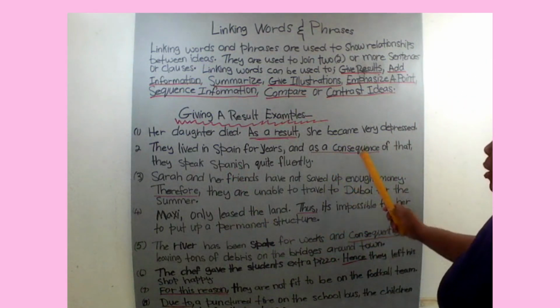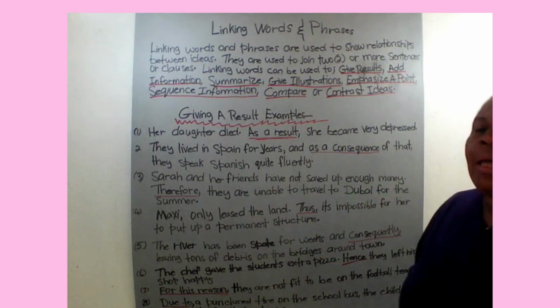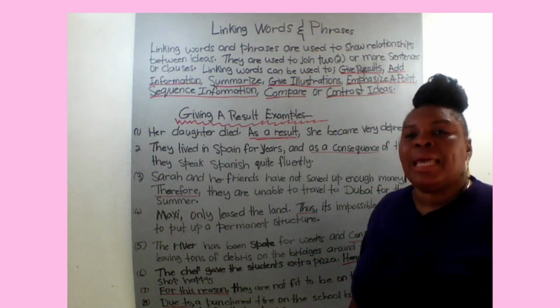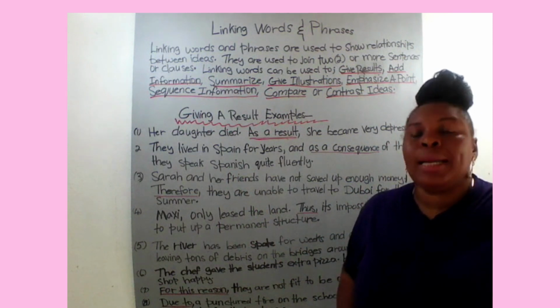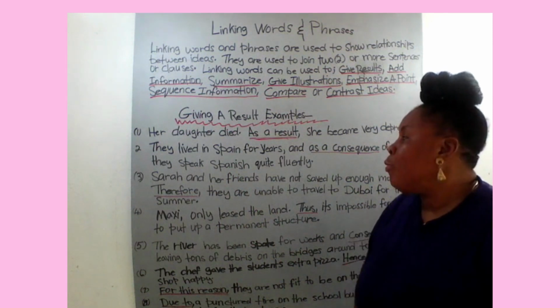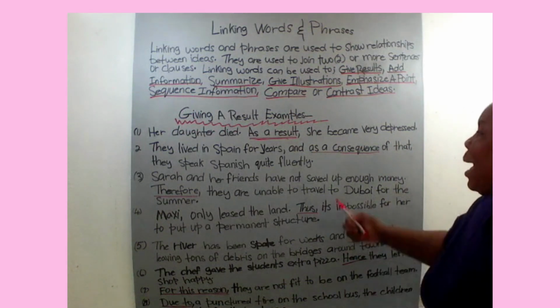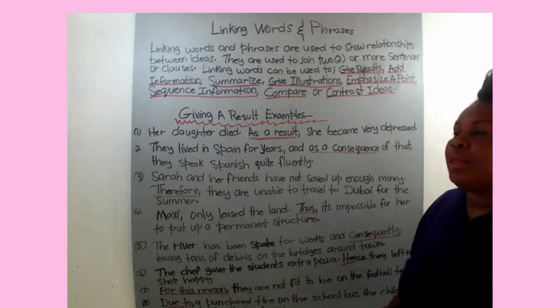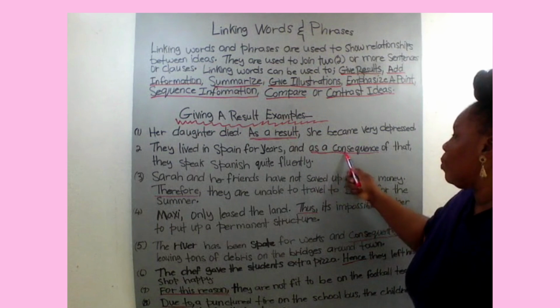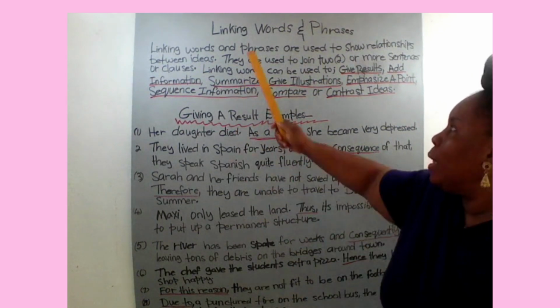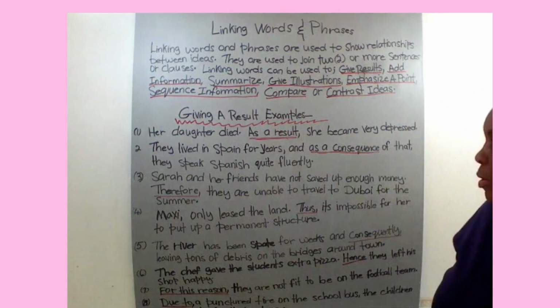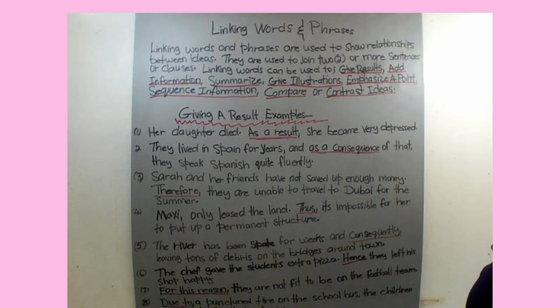So it has a consequence, right? That is the reason why they can speak Spanish fluently, because they were living in Spain for many years. So as a consequence would be the linking words. In this case, words. Right?